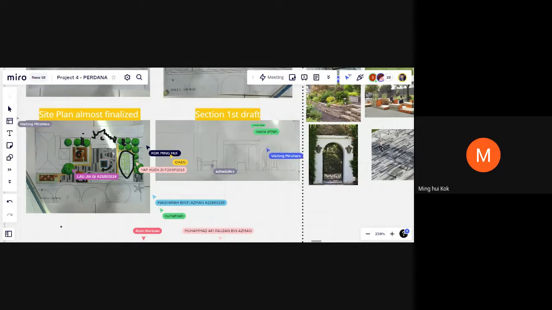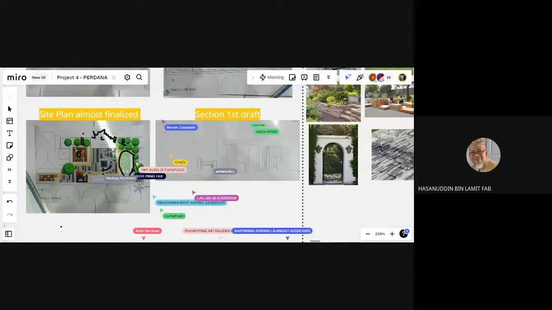Yeah, I get the point. So the element in my plan can still remain, but I need to add. Just try it, just experiment with it. Maybe it looks horrible, maybe not.